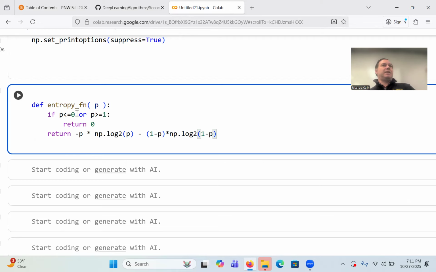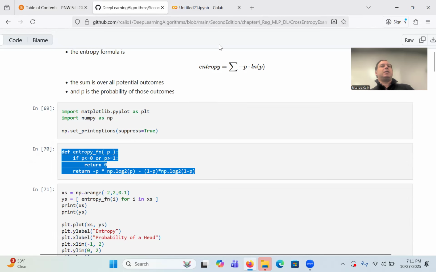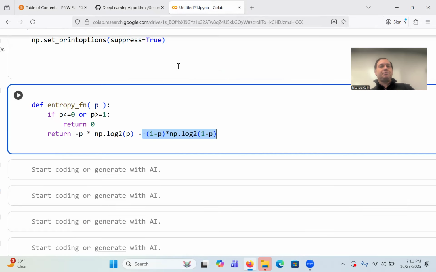So I'm not going to calculate for cases outside of 0 and 1. Here I return 0 for those cases. Otherwise, between 0 and 1, notice it's the sum of two probabilities, this one and this one. And the values are negative. If you notice, it's minus. So that's why it's minus, minus.